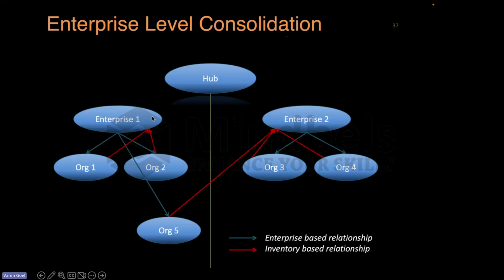Enterprise one, let's say, is Ralph Lauren apparel. This is Ralph Lauren, let's say, food and beverages. So we have organizations over here, let's say Ralph Lauren.com, Ralph Lauren web app, Ralph Lauren Amazon, right?